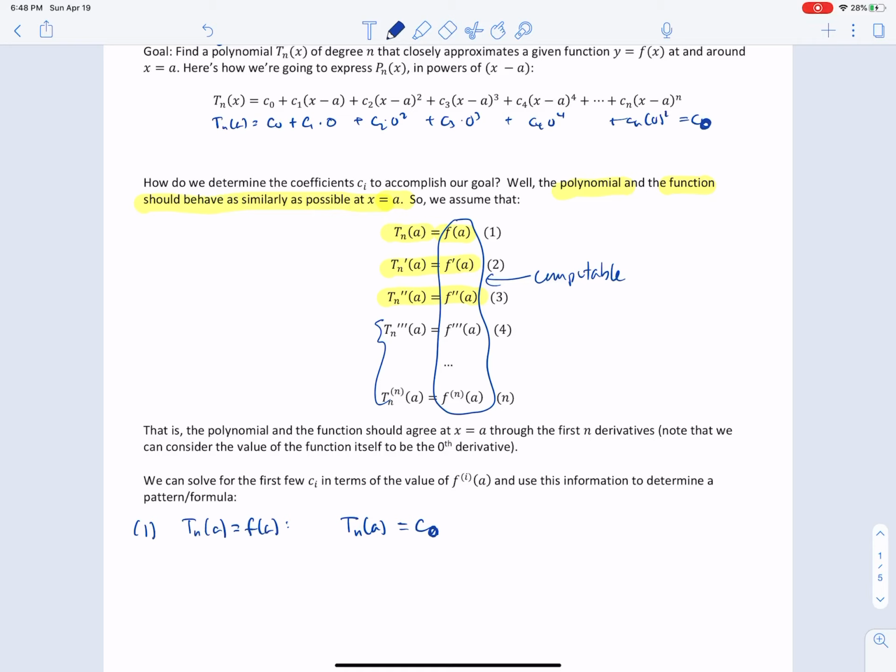But if T sub n of a is equal to f of a and it's equal to c0, that tells me that c0 is simply the value of the function. So there's our first formula.